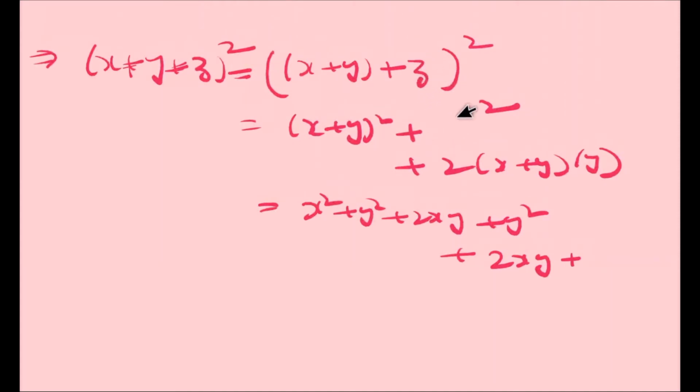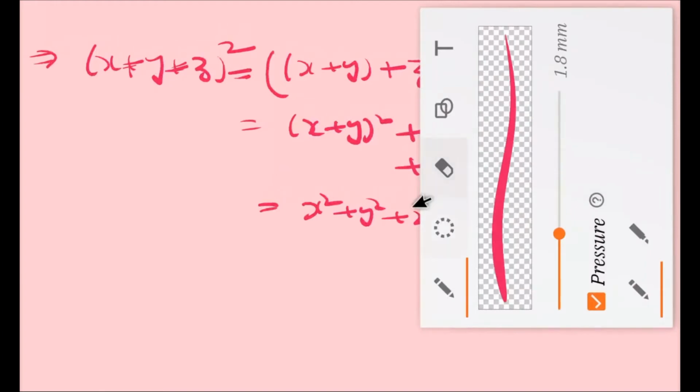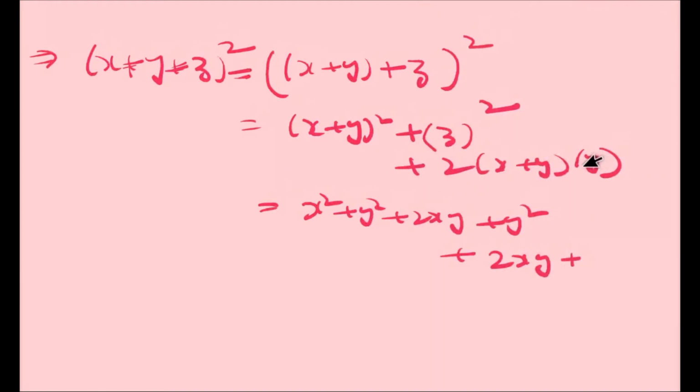It is z, so it is z square, and 2xy plus z square. Now multiplying, we get 2xz plus 2yz.